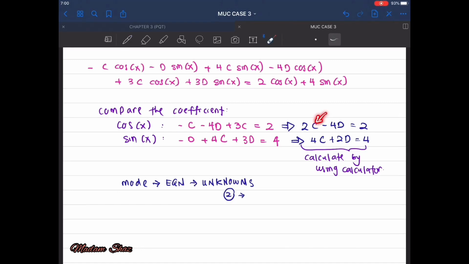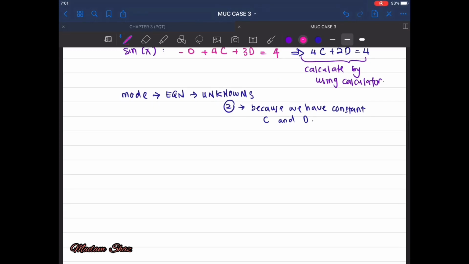Because we have two constants here, constant C and D. By using calculator, your answer for C is equal to 1 and your answer for D is equal to 0.